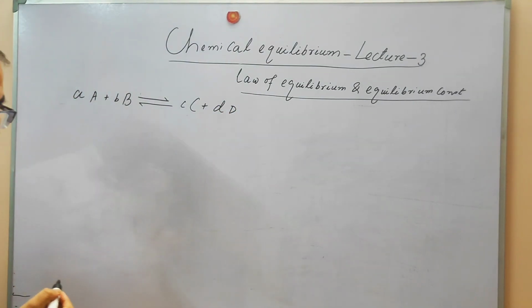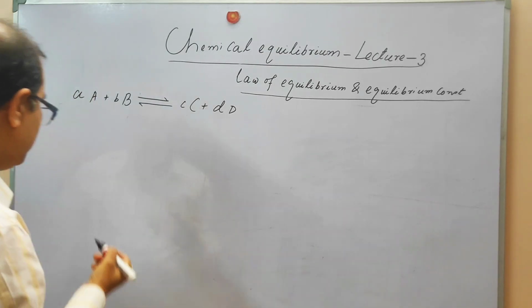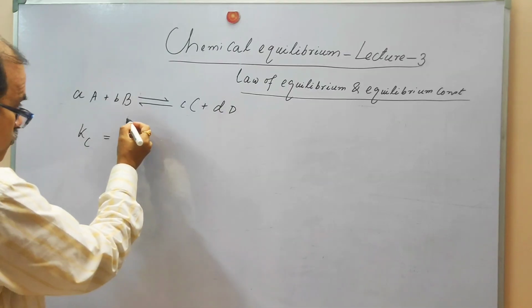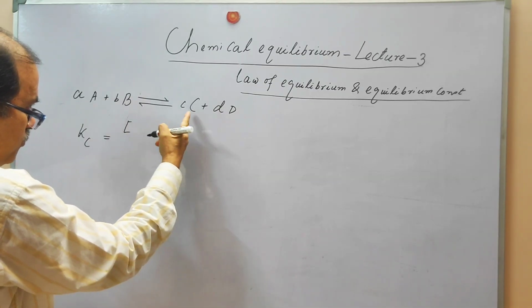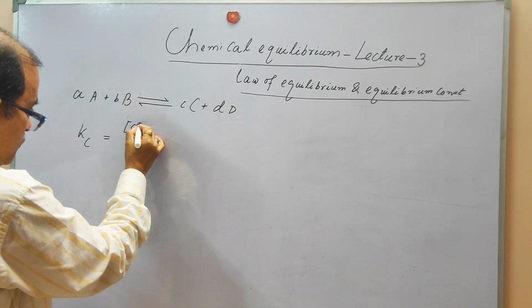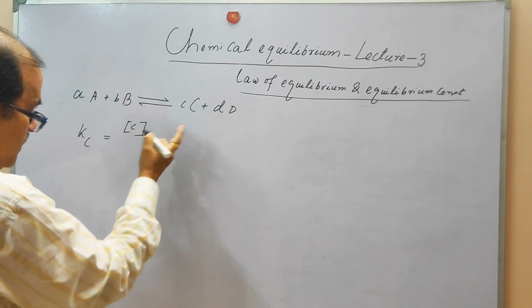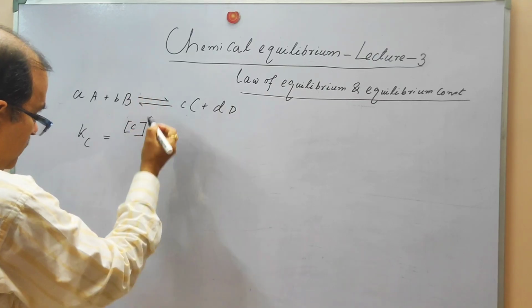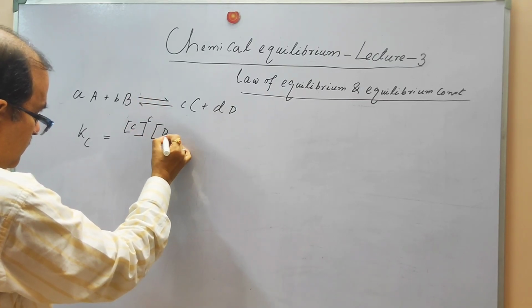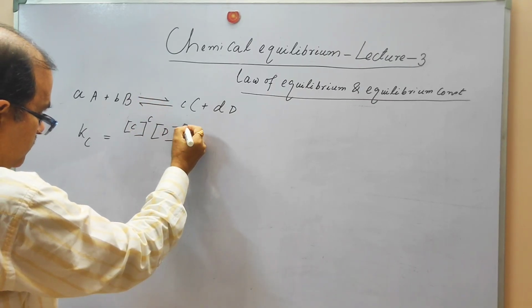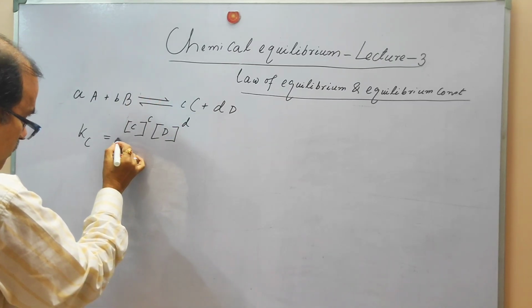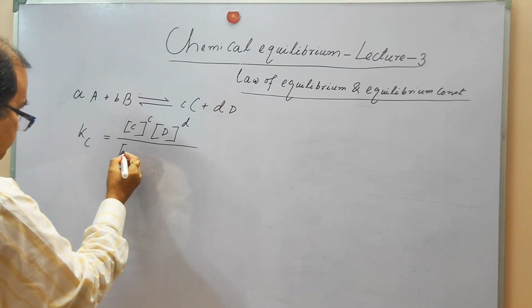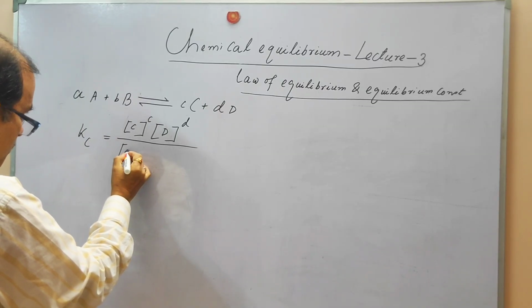Let us write the equilibrium expression for this general reaction. So we can write Kc as the product concentration. Here the products are C and D. Its concentration is given by a square bracket, raised to the power of its stoichiometry, small c, times D. D is another product and its stoichiometry is small d, divided by the concentration of the reactant.